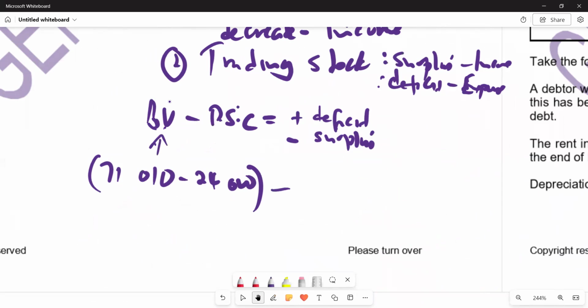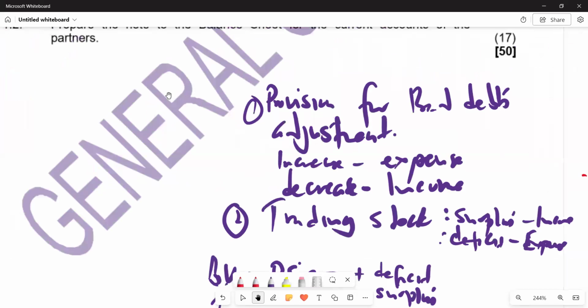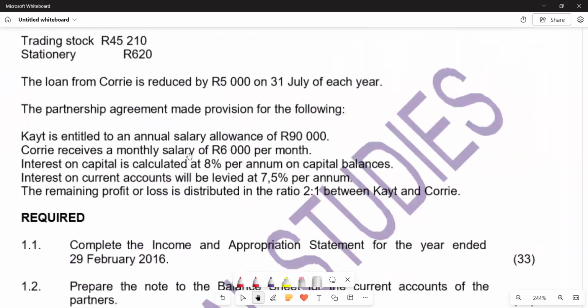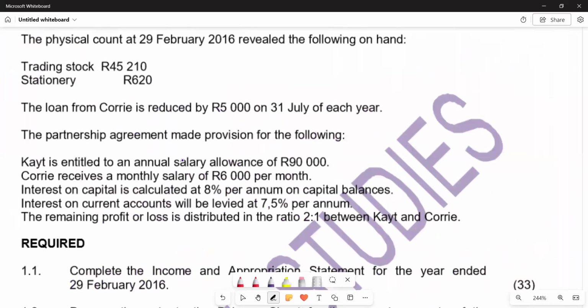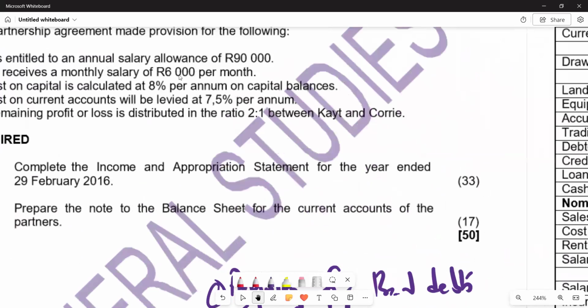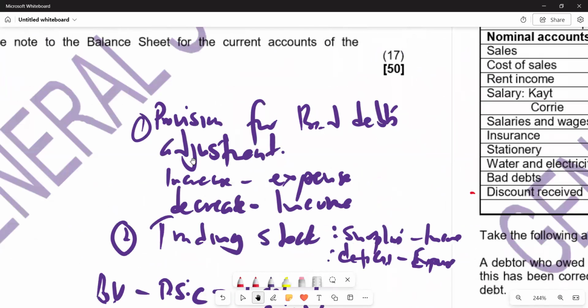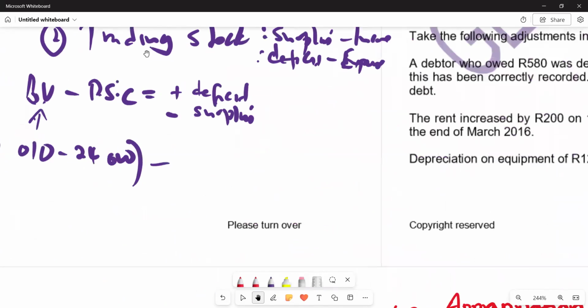And then we subtract the physical stock count figure that we are given again in the additional information, which is 45,210. So we come here and say 45,210.